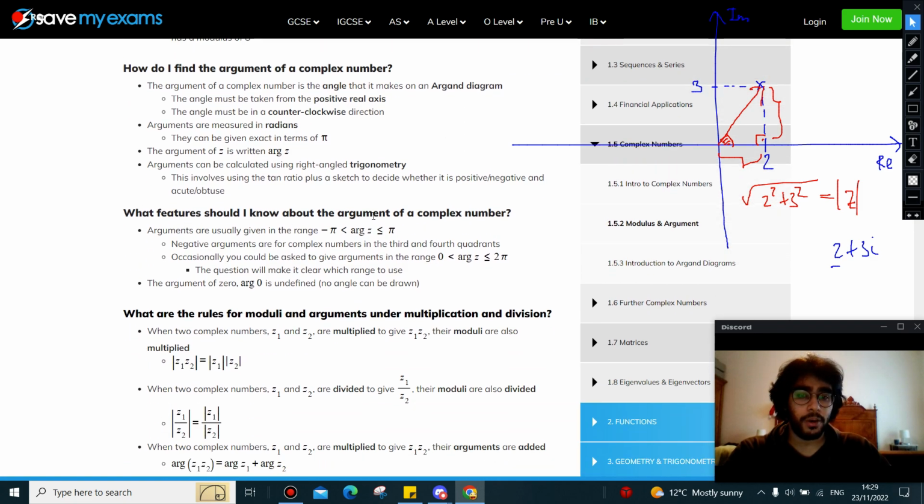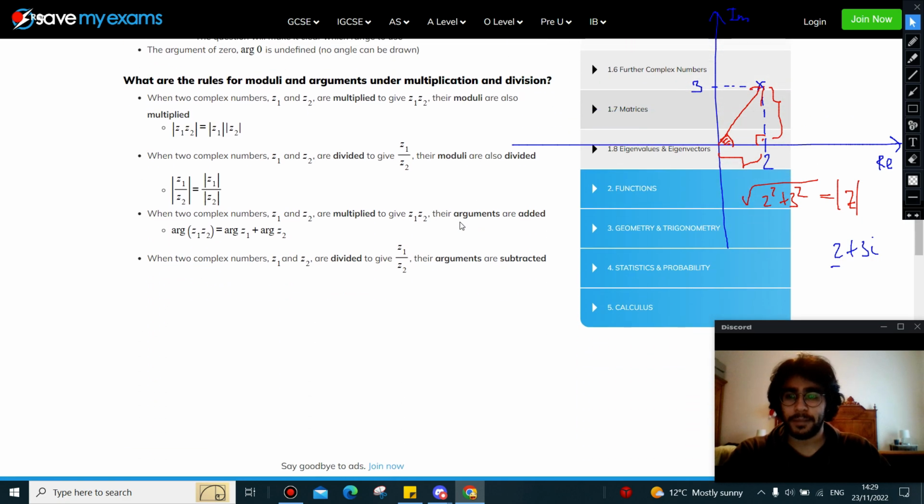What features should I know about the argument of a complex number? This part is not exactly important, I will skip it. What are the rules for moduli and arguments under multiplication and division? So what happens with your arguments when you multiply or divide? Well, the following. So I don't need to write it anymore.